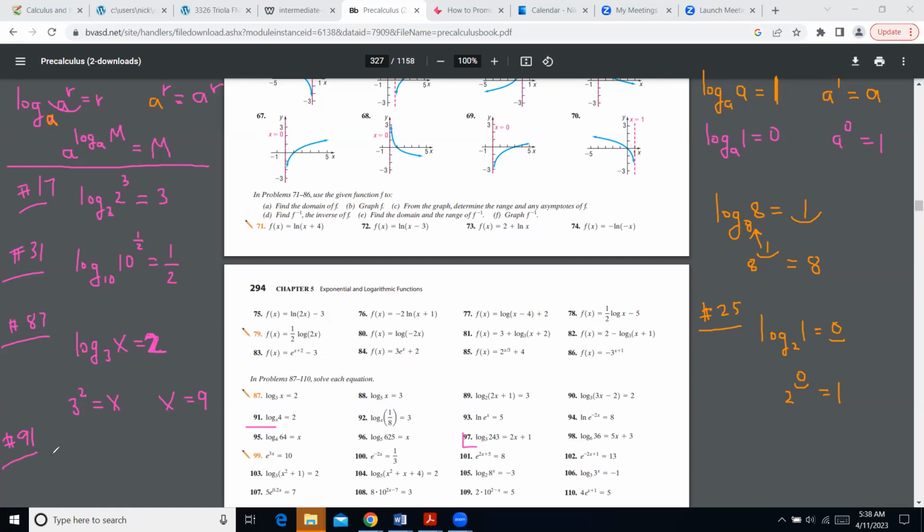This is going to be logarithm base x of 4, and they say it is equal to number 2. So right away, I'm going to rewrite this with base x, power 2, and the result is 4. So we have a little equation to solve.